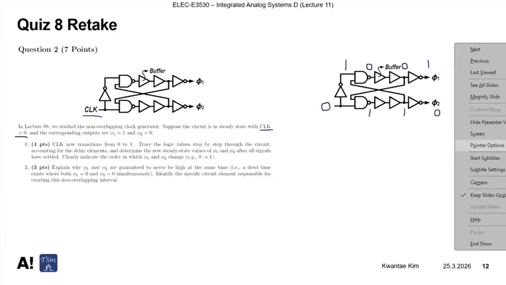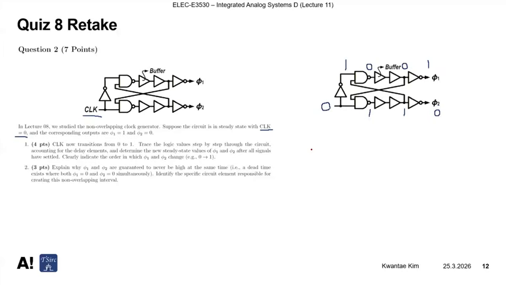Okay, so the first sub-question is that let's assume that the clock transitions from 0 to 1. Then you can simply plug in from 0 to 1. And this is exactly how we studied and how we have seen during the lecture slide. 1 to 0 going through the inverter. Then the NAND output becomes 1 because one input terminal becomes 0, right?